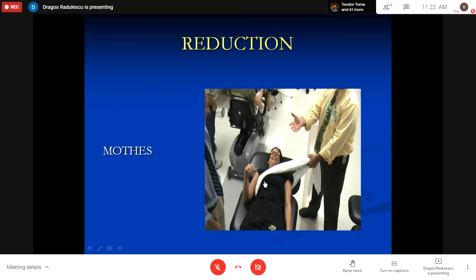This is the final position of the arm. So you start in a 90 degrees abduction, you go to 180 degrees abduction, and then you just lower the arm of the patient in its normal position beside his or her body.